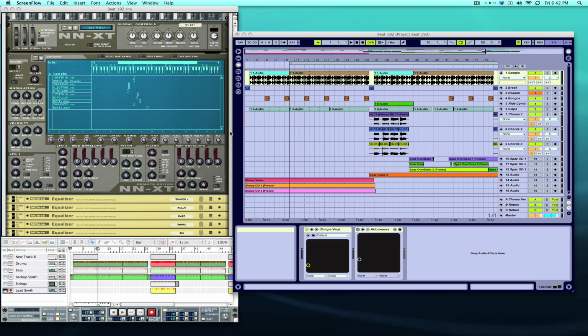So let's go ahead and take a look at the layering I did in this track. The track started from the sample. So here is the sample being used on this track. So that's nice and all.